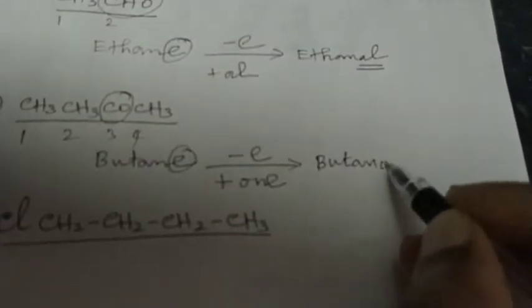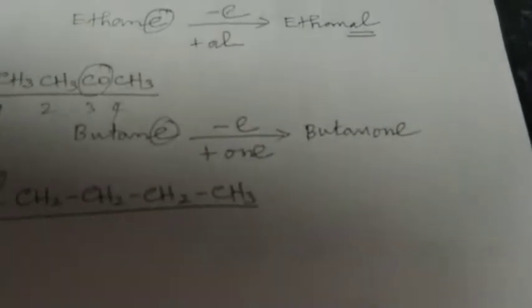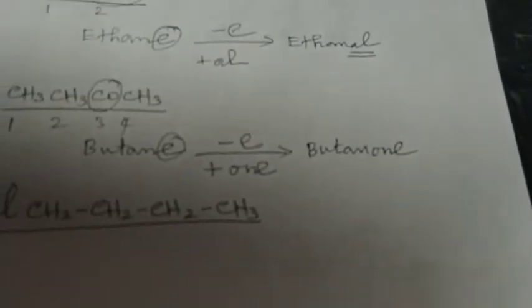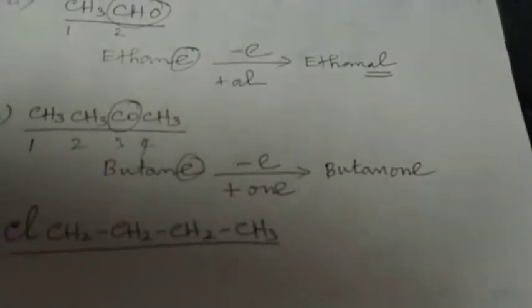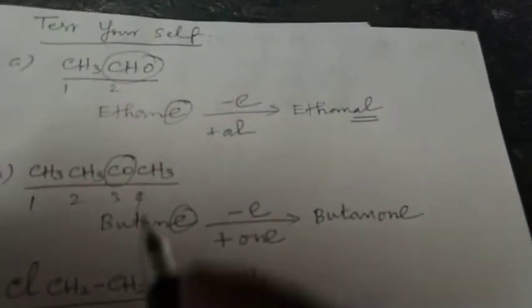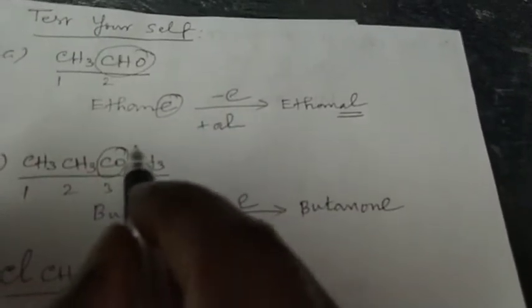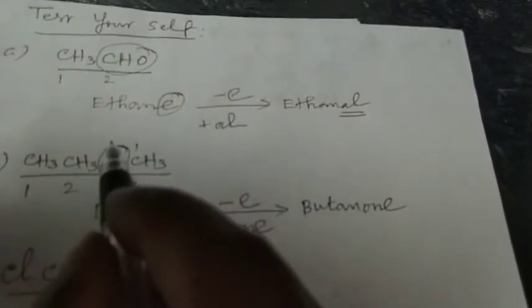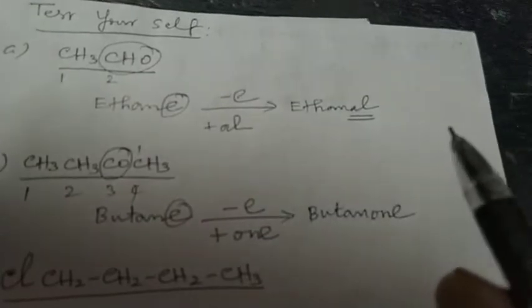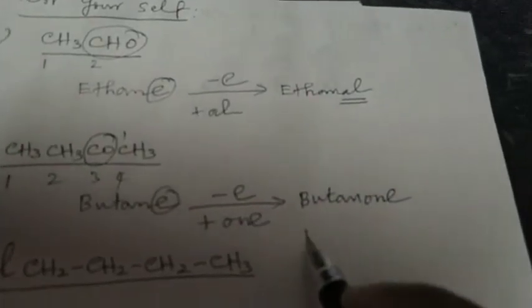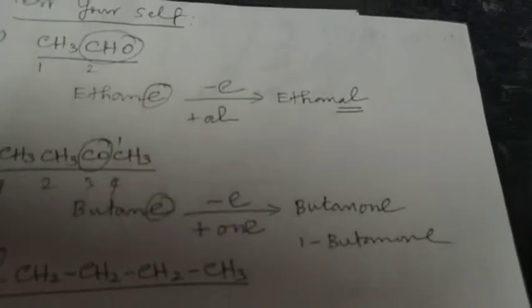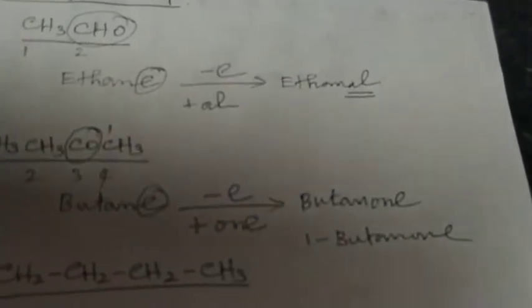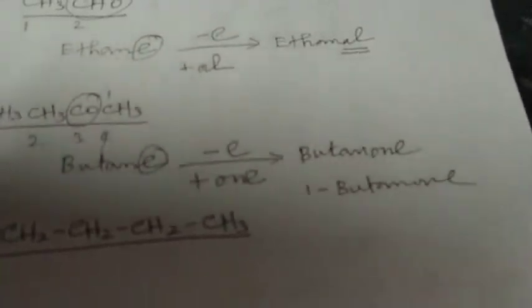Butanone is the name of the compound. Also, based on the location of C=O, we can number 1, 2, 3, 4 and write 1-butanone, or but-1-one, also we can write.